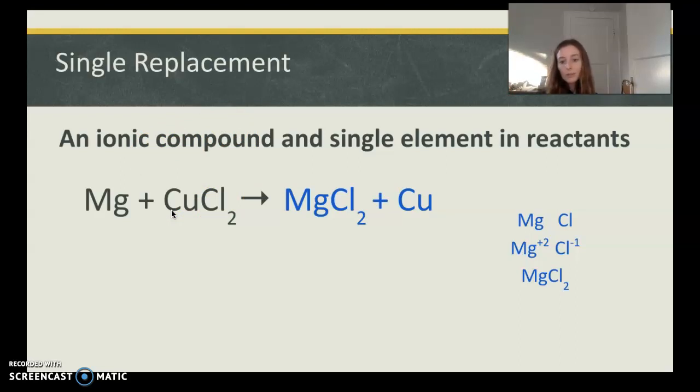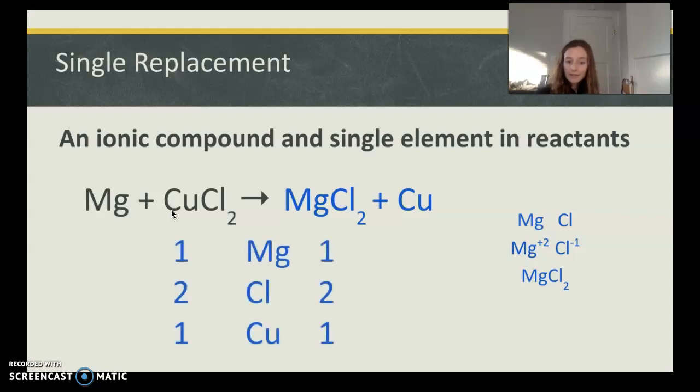So we have MgCl2 plus Cu. Next I need to balance, and I look, oh, great, everything is balanced, we are good to go. And to answer a commonly missed question, copper doesn't have a 2 here because it's not a diatomic element, so we're good with that. And everything else looks great. Check my work, good to go. Make sure this one is in your notes.